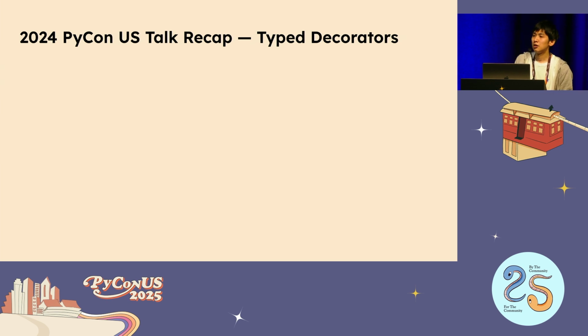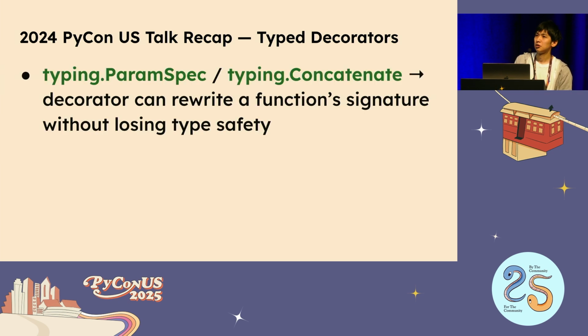Back at last year's PyCon, I talked about decorators with type hints. For example, I introduced typing.ParamSpec and typing.Concatenate. This decorator can rewrite the function's signature without losing type safety.